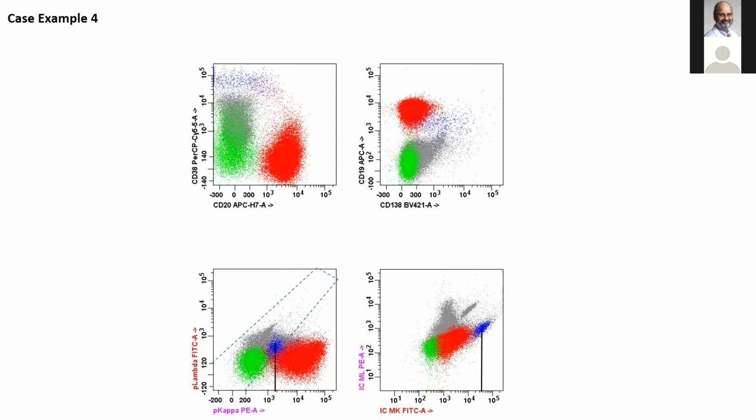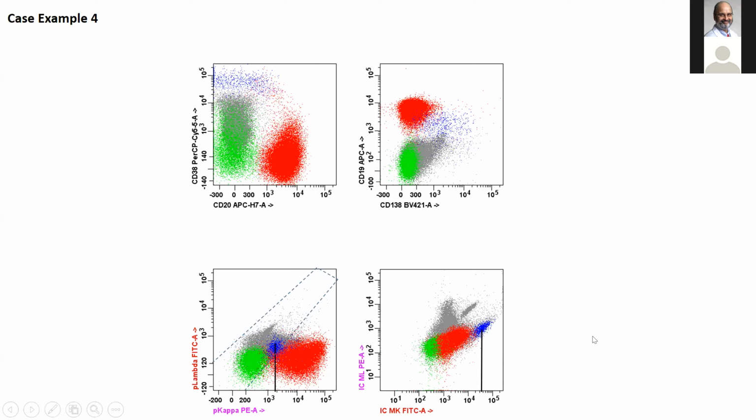We're just permeabilizing it. So this staining is most likely due to surface immunoglobulin staining and not cytoplasmic. That's why you have nice bright staining over here, and it didn't get any brighter on the cytoplasmic tube. Whereas here, you've got either negative to dim staining for kappa, and it got real bright on the cytoplasmic tube.